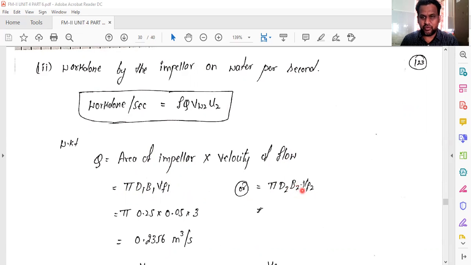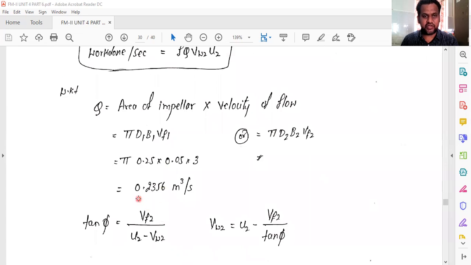But we don't know B2, we know B1, that's why I'm taking this equation. So pi into D1, which is 0.25, B1 was given 0.05, Vf1 is 3 meters per second. Substitute, calculate, and you will get discharge is equal to 0.2356 meter cube per second.